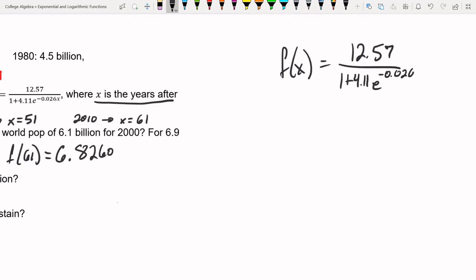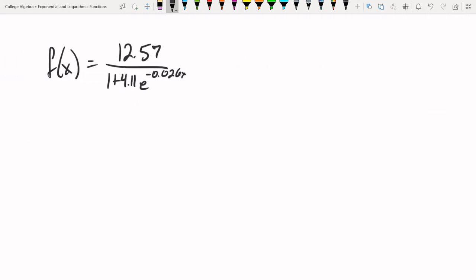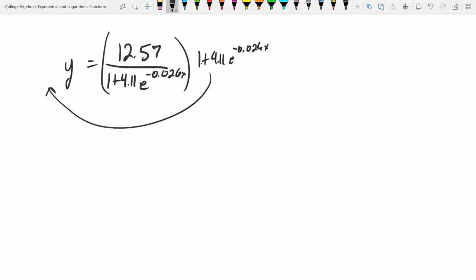So this is the function, or the model, that was given to us, and I'm going to solve this for x. First thing I'm going to do is replace f of x with y, just so I have one variable to write. And I'm going to multiply both sides by this denominator, 1 plus 4.11 e to the negative 0.026x.